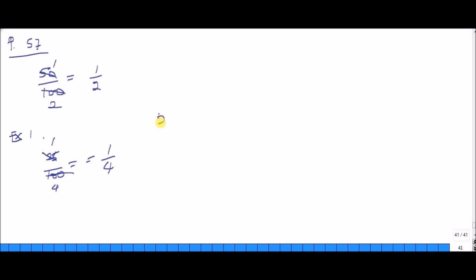Number 2 is what fraction of $1 is 40 cents? It's 40 over 100, and 20 into 40 goes 2 times, and 20 into 100 goes 5 times, so it would be 2/5.